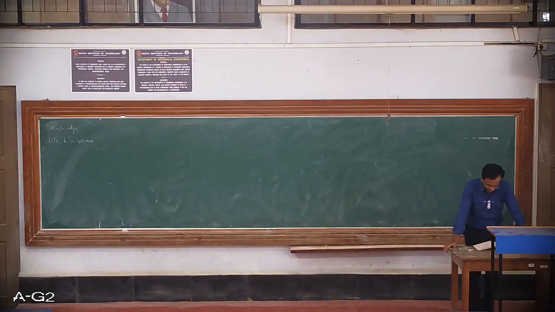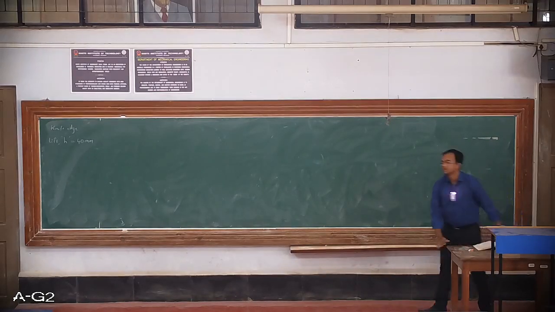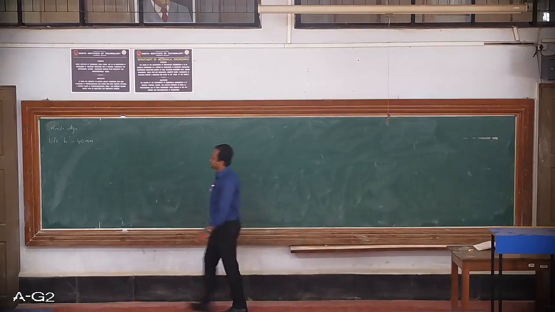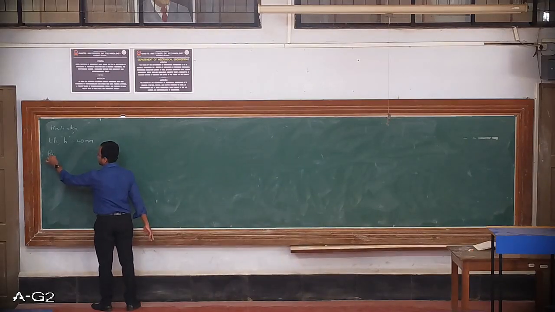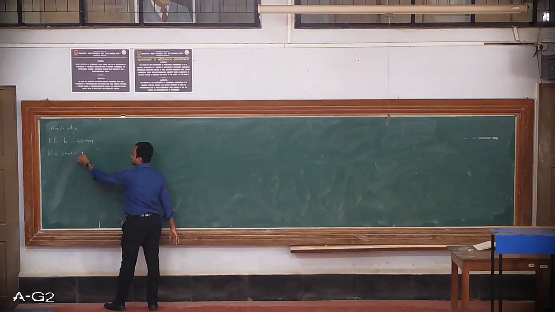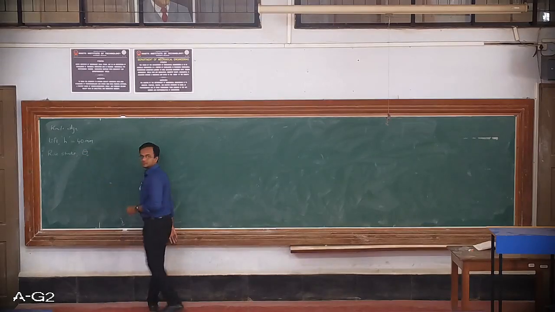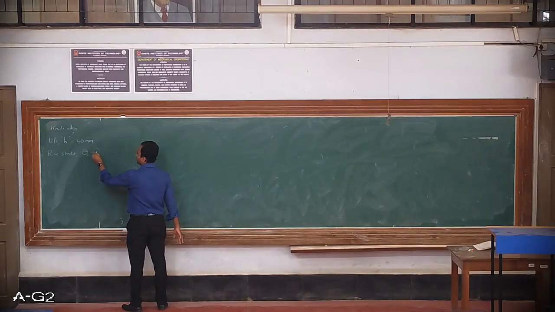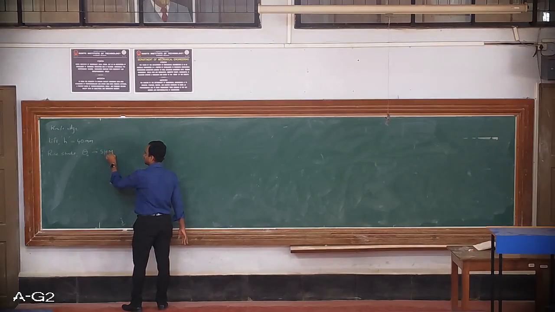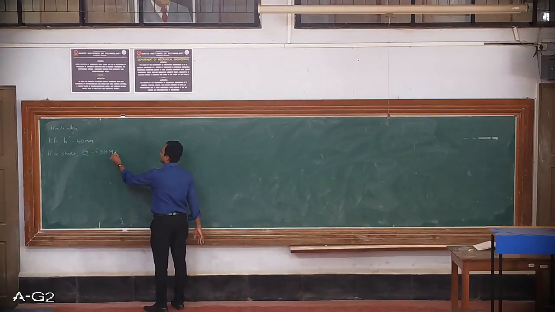The next sentence is, the cam rises the follower with SHM for 120 degrees of its rotation. Okay. So the cam rises with SHM. So the rise stroke, which will denote it by theta naught, is of SHM nature, that is simple harmonic motion, for a period of 120 degrees.